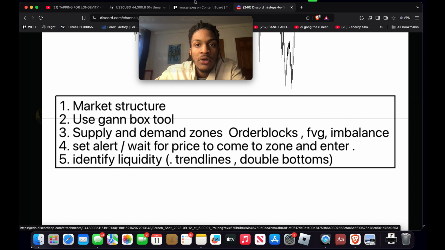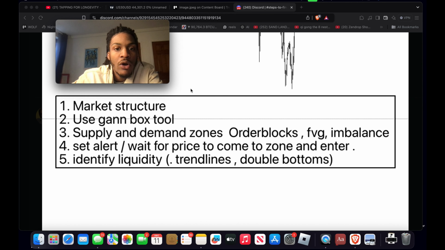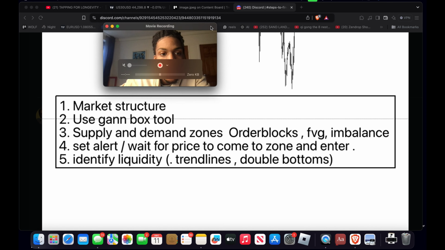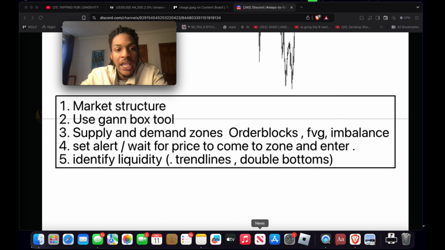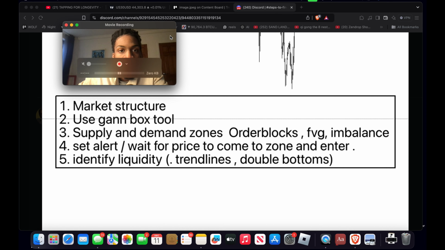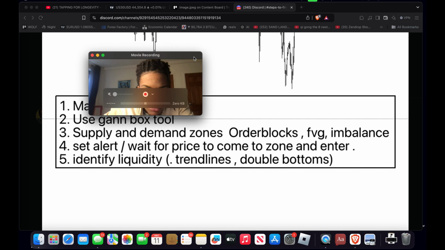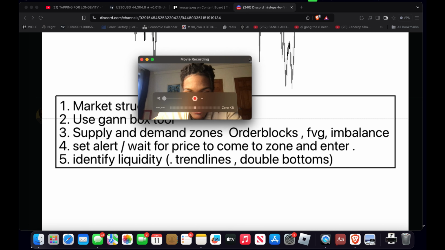Market structure is what you should do first. So number 1 is market structure, and number 2, use the Gann box tool. And number 3, supply and demand zones. The Gann box tool is the tool I had at the beginning of the video that shows you which side of the market you should be trading. Then supply and demand zones, order blocks, OB, fair value gaps, imbalance. Those are your supply and demand zones.